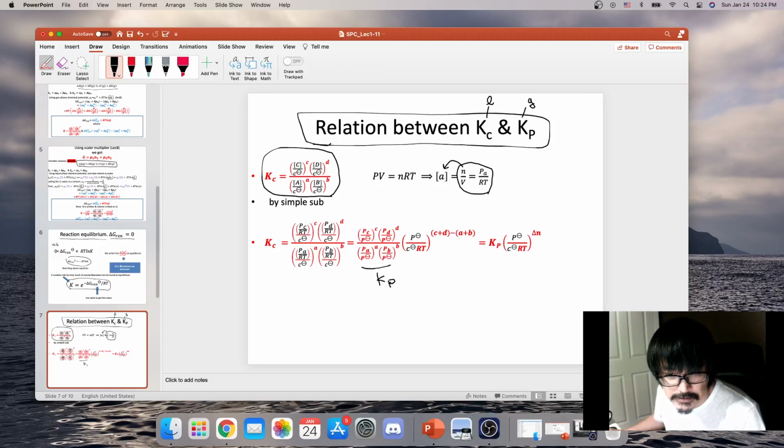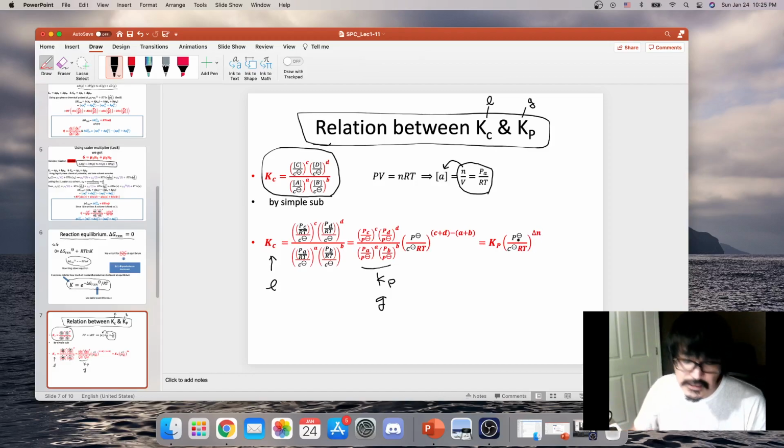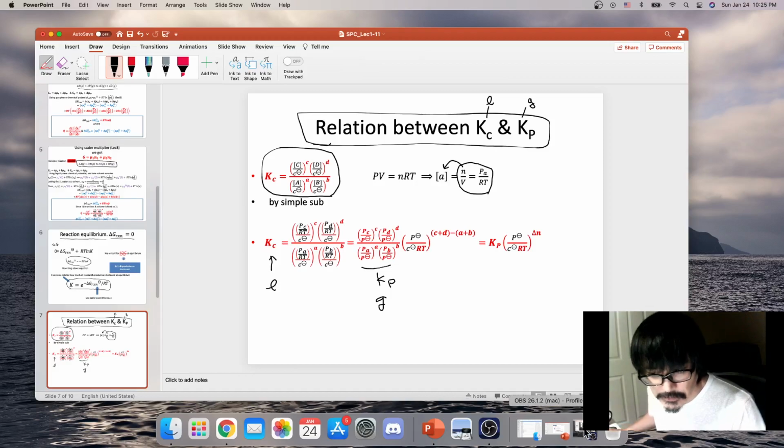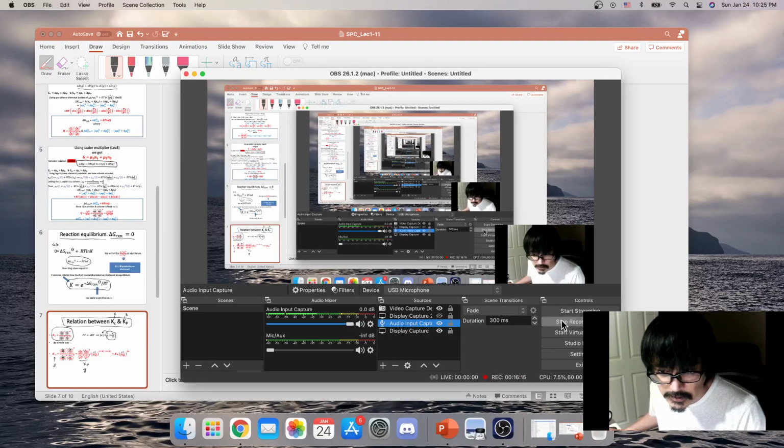That's in the gas phase. So the gas phase equilibrium constant, and that's the liquid phase, the solution phase equilibrium constant. Those are related by this formula right here. We actually covered these things in general chemistry, but we really didn't derive it, but now you know. And I think that's pretty much all there is to it for this particular lecture.